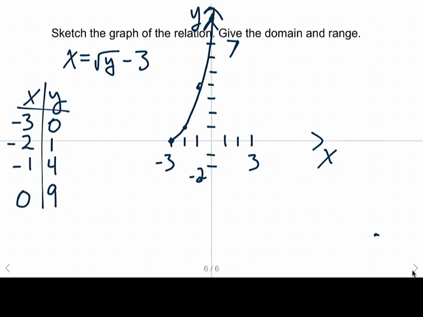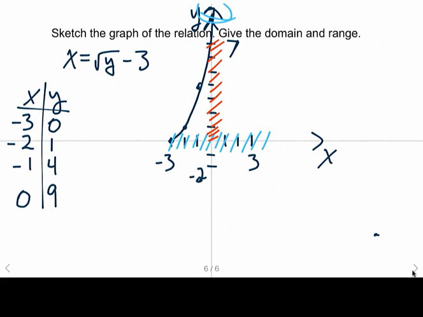In fact, it is. Once again, the domain is the set of x values for which we have graph. This arrow indicates that it goes on forever. The range is the set of y values for which we have graph.